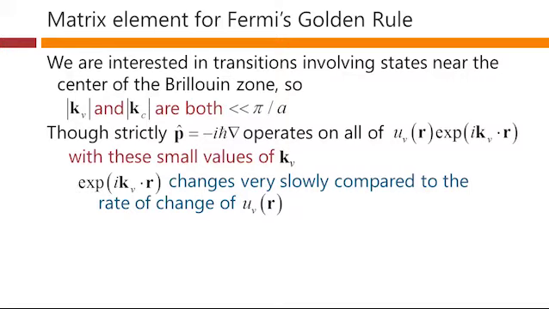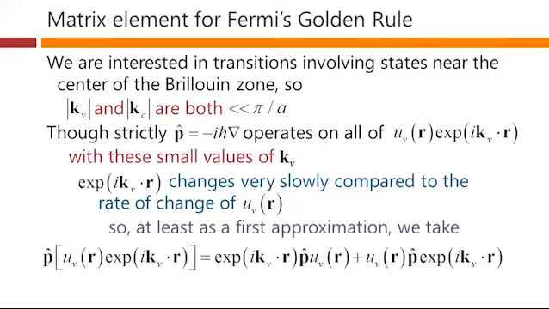This e to the i k dot r changes over only some relatively large number of unit cells if we're looking for a substantial change in it, precisely because we've said we're working near the center of the Brillouin zone.